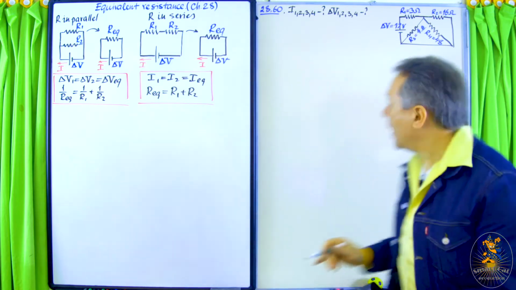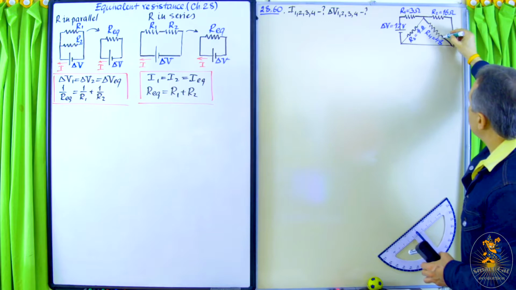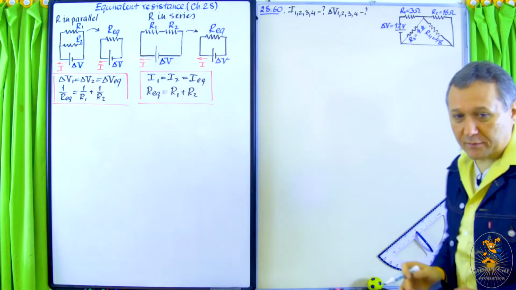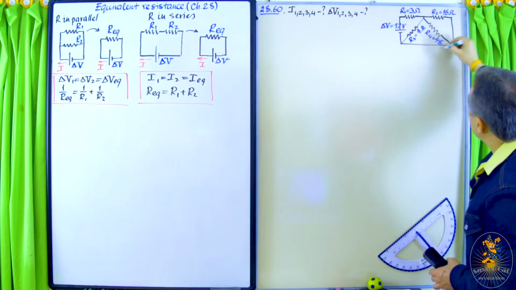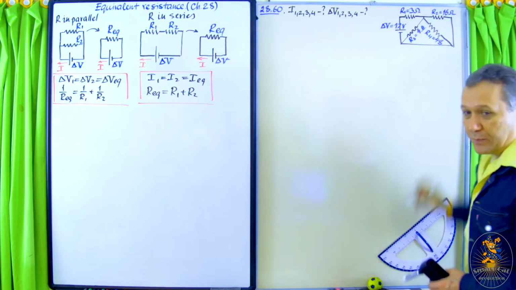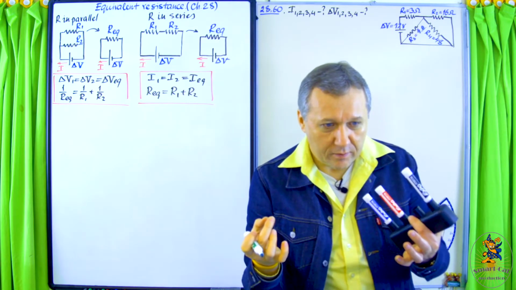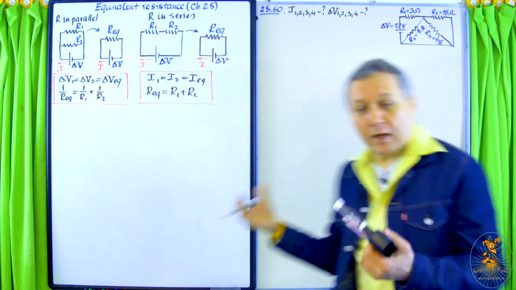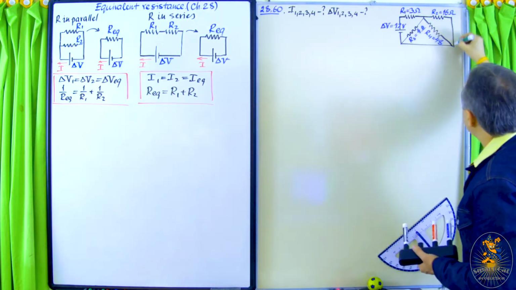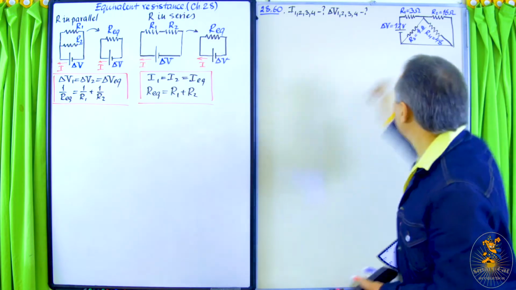Now let's look at this point and this point, on the other side of these resistors. They belong to one big solid piece of metal, because a wire is a solid piece of metal, and in this case it's an ideal wire which doesn't have any resistance. So again, all these points are at exactly the same potential, different than above.